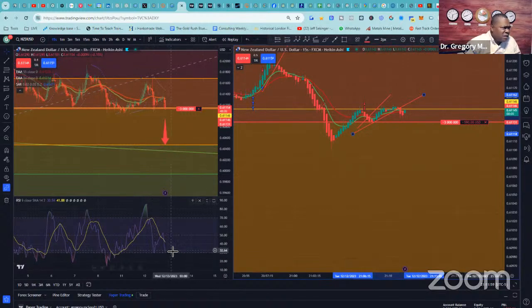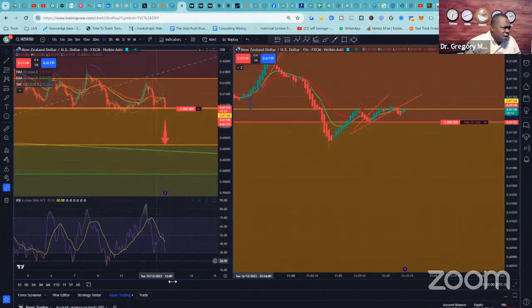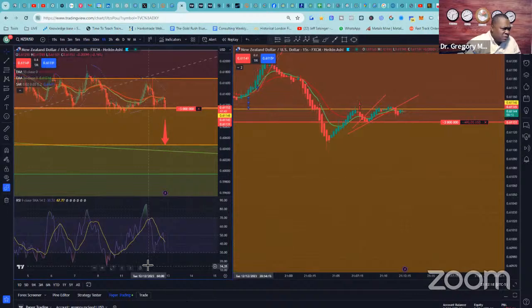RSI on the 1 hour chart hanging out around 30. You get this really cool RSI shading here.